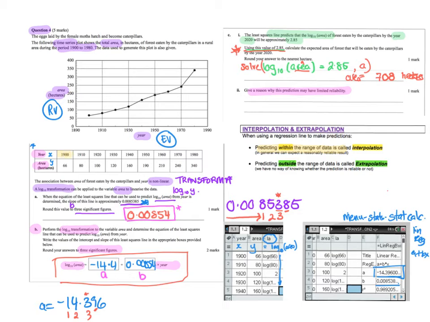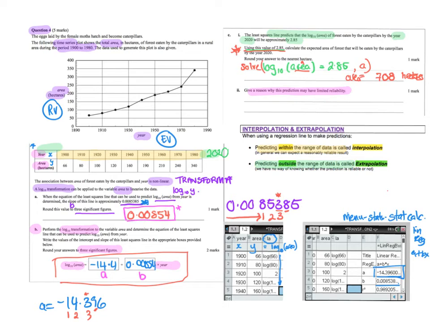So if you were predicting a year in between 1900 and 1980, it would have been interpolation. If we are predicting outside, it's called extrapolation. So any year above or below. Now because 220 would be above, we would say it's extrapolation.